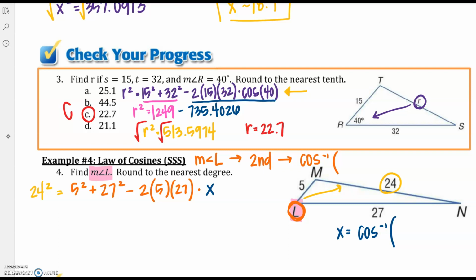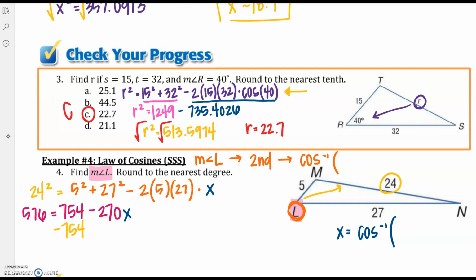All right, so a few little bitty steps as we work through this. 24 squared is 576 equals 5 squared plus 27 squared gives me 754 minus 2 times 5 times 27 times x, so 270x. And remember, x is really the cosine of L. All right, solving order of operations, just like normal.